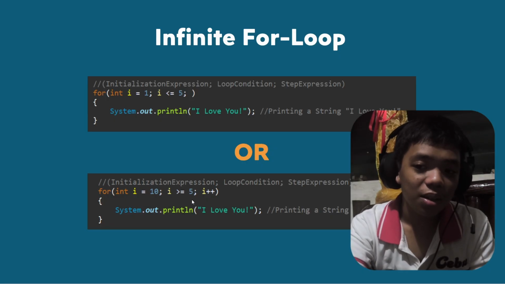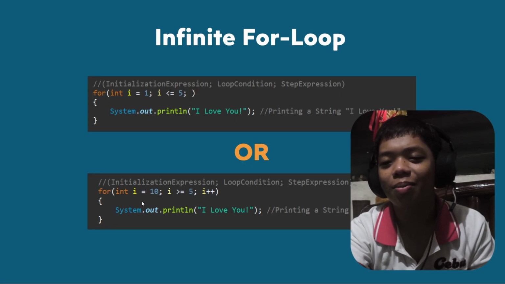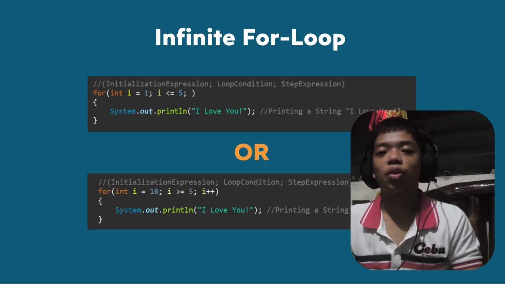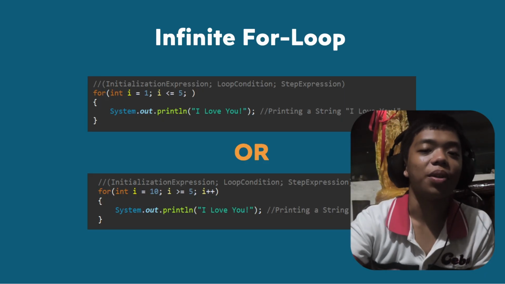So this condition would never be false, because i would never have a decreasing value that makes the loop condition false. So this is another example of an infinite loop.